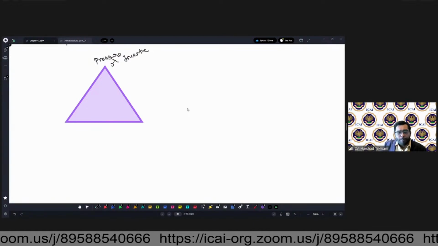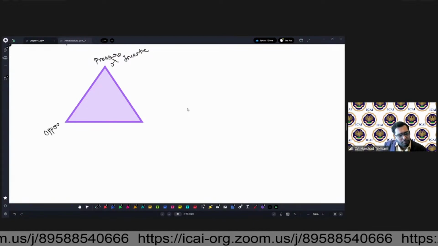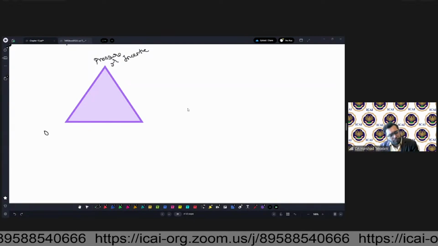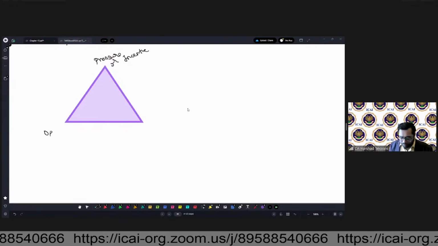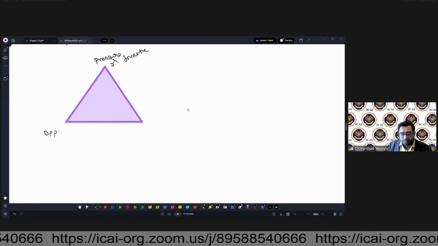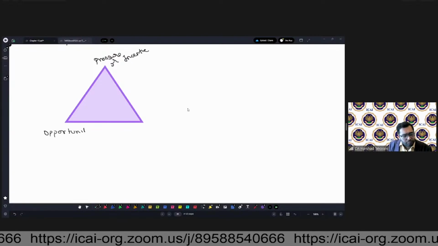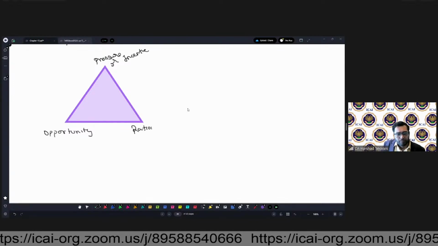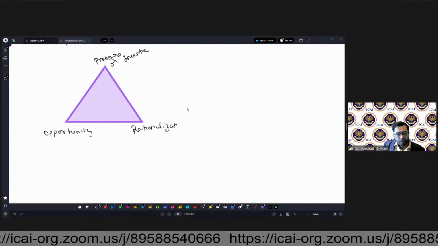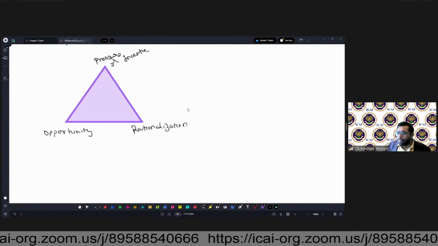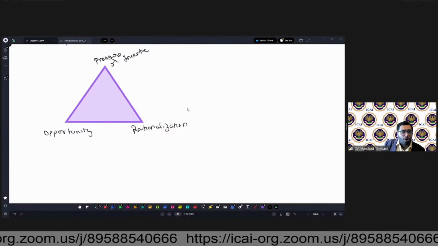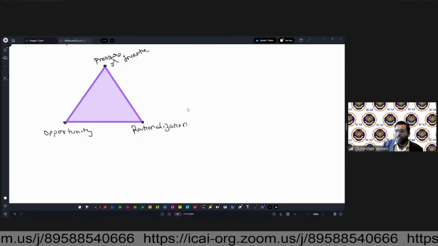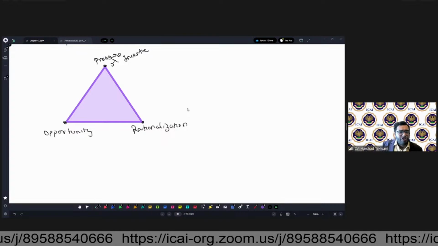The second one is opportunity. And the third one is rationalization. These are the three elements of fraud. When these three elements are present, it is believed that there are high chances of fraud.